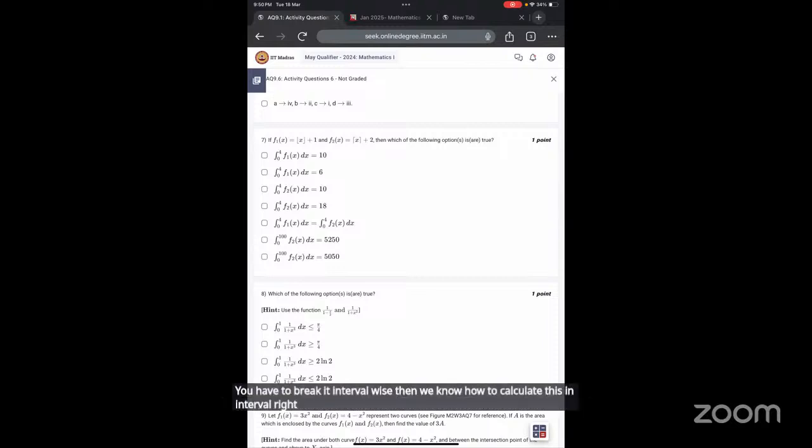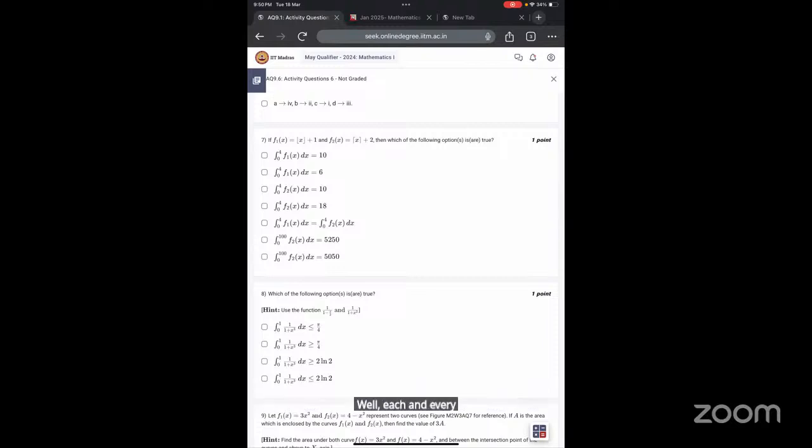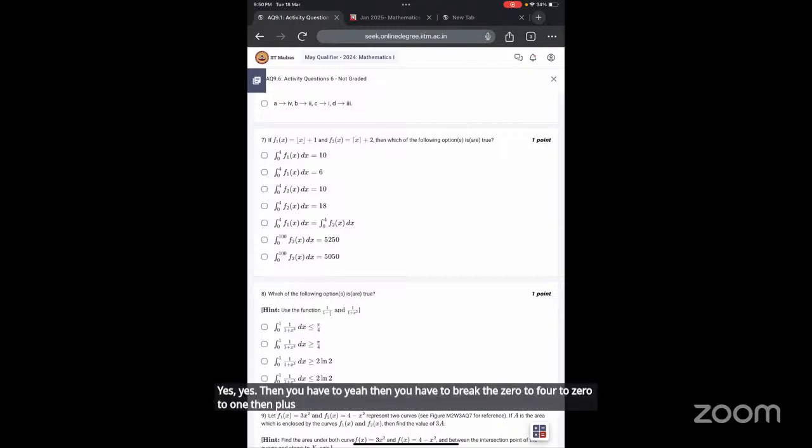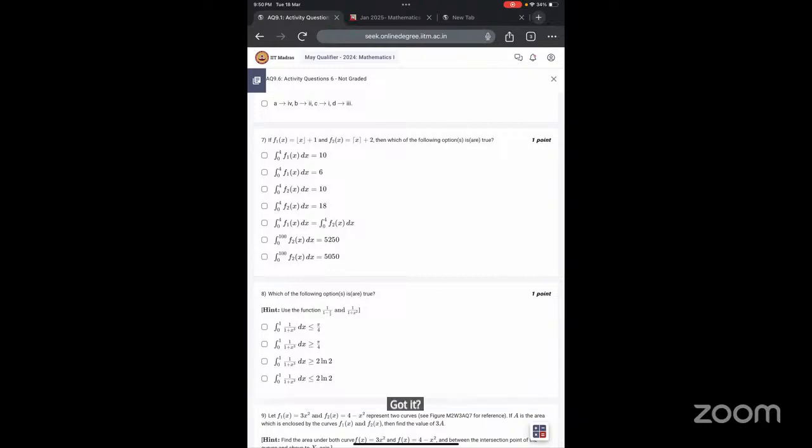For each and every integer, we have to make an interval: 0 to 1, 1 to 2, 2 to 3. Then you have to break 0 to 4 into 0 to 1, plus integration 1 to 2, plus integration 2 to 3, then 3 to 4, like that. Got it? Yeah, just calculate integration 0 to 4 of f1(x) and let me know.